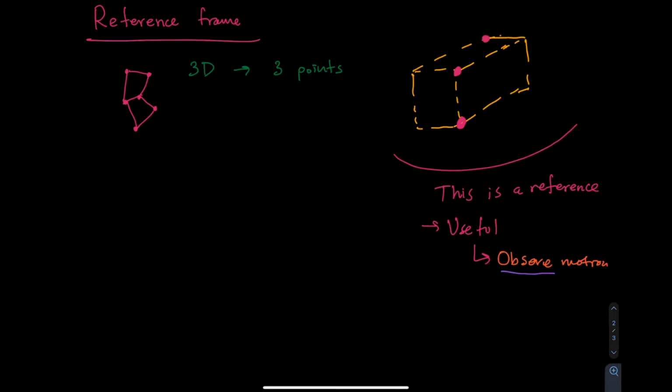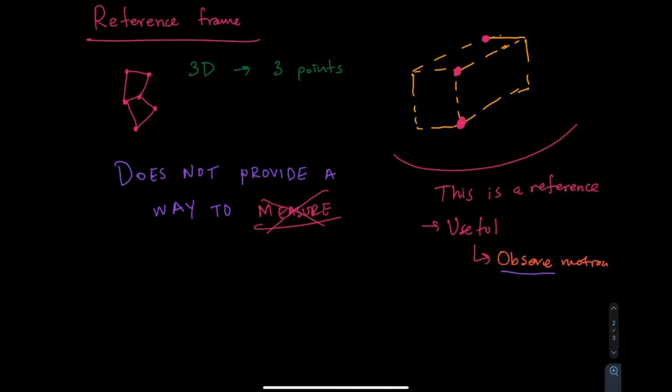The reference frame allows us to make observations regarding motion, but importantly, take note, it does not provide a way to measure the motion. It allows us to observe the motion, but it doesn't provide a way to measure it. So that's a key point about reference frames.